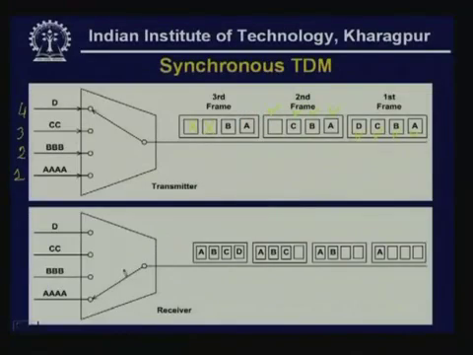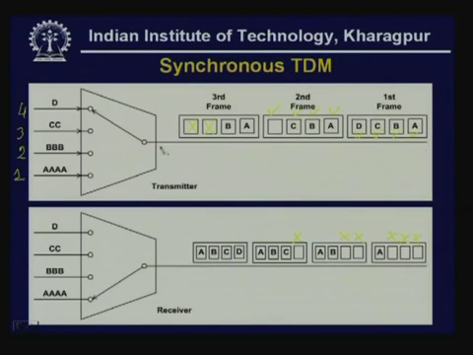So, in this case, as you can see, in frame 1 one slot goes empty, in frame 2 two slots go empty, and in frame 3 slots go empty. So, this is essentially wastage of bandwidth.